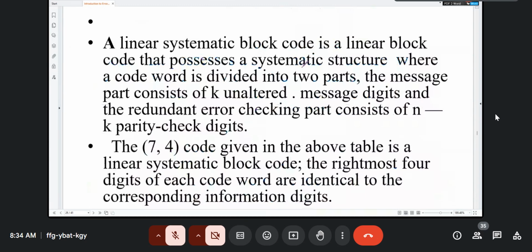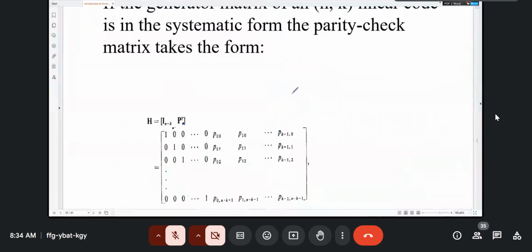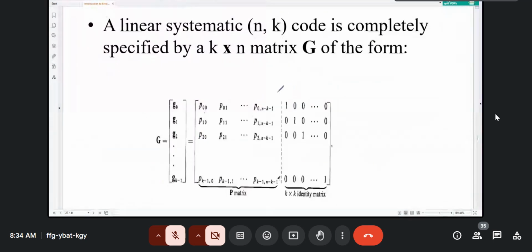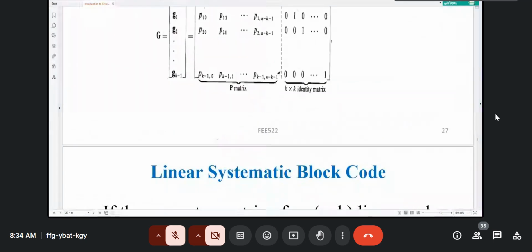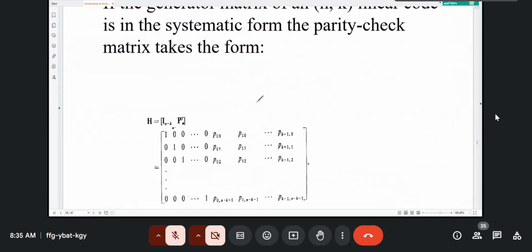So let's see. Now from that, for every generator matrix, there exists another matrix which we call the H matrix, the error checking matrix, the parity check matrix.